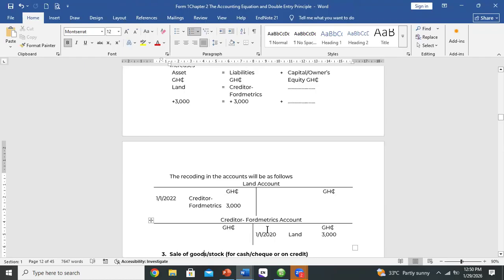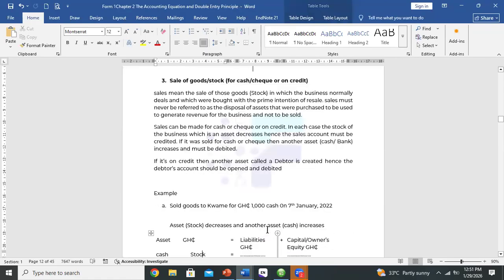Okay, I think we'll wrap up today's class on the sale of goods, because that is what prompted this whole revision. Prof. Christabel, let me hear you. So please, I just wanted to ask if you could just write the name of the creditor as the title instead of adding creditor and then the name of the creditor. Okay, so I tell my students, plenty fish does not spoil soup.